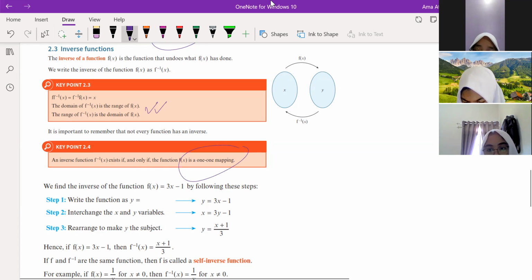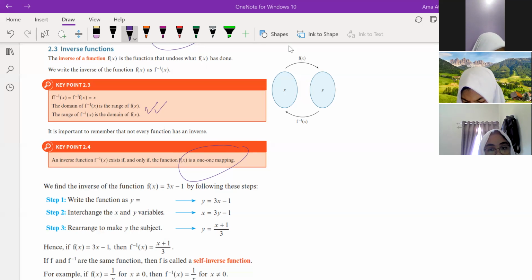If it is many-to-one, there will be no inverse, because the inverse of a function exists if and only if the function is one-to-one mapping.